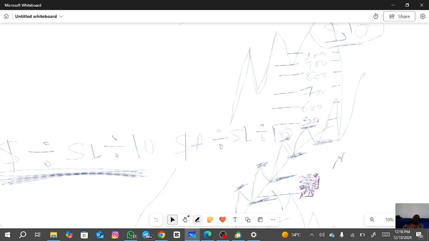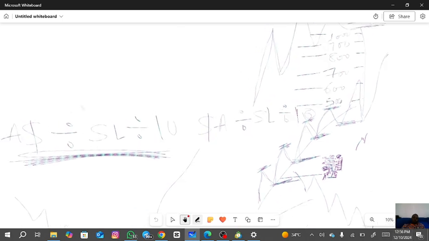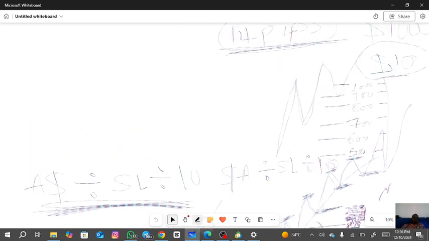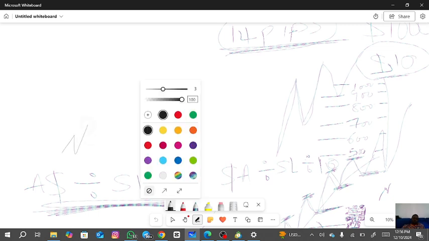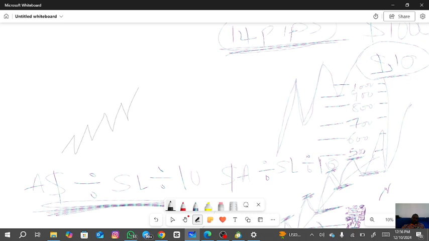For instance, we are in an uptrend, so the market is making highs: higher high, higher low, higher high, higher low. You get it. The direction is up, the market is going upward.